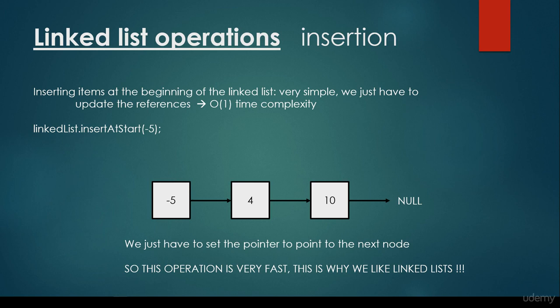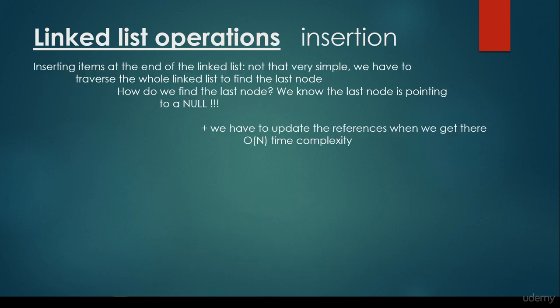It's very important to see that we like arrays because of the random access and because we can insert items at the end of the list very fast, O(1) time complexity. We like linked lists because we can insert items at the beginning, not at the end, at the beginning, very fast, O(1) time complexity.